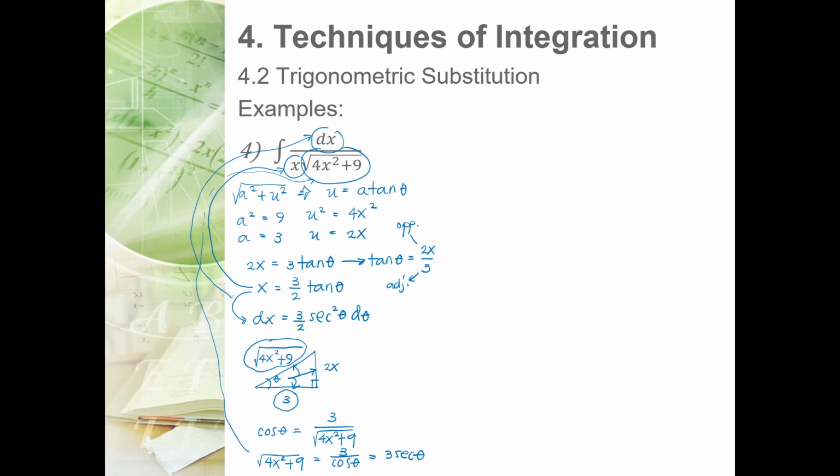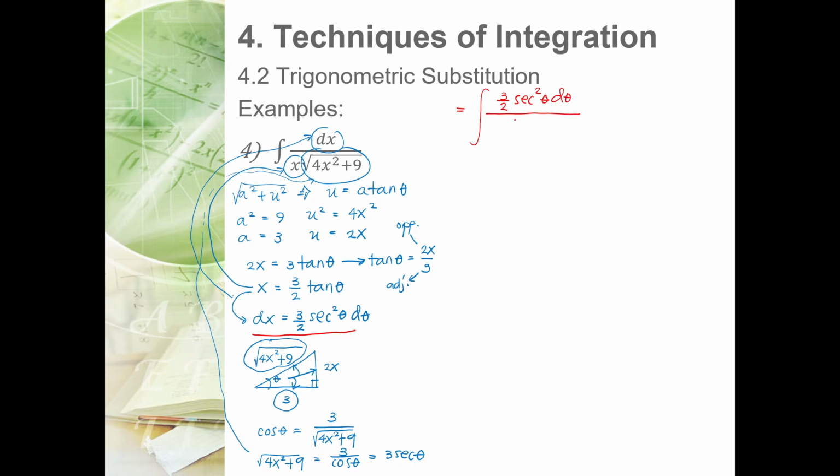Alright. Since we are done identifying the particular terms for the substitution process, we can now proceed with the integration process. Starting first with dx, that's 3 halves secant squared theta d theta.